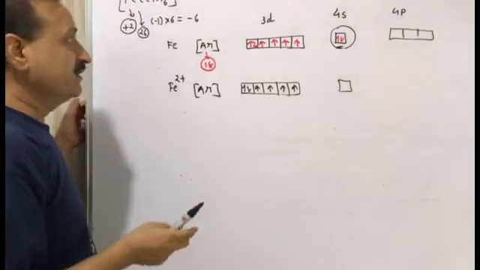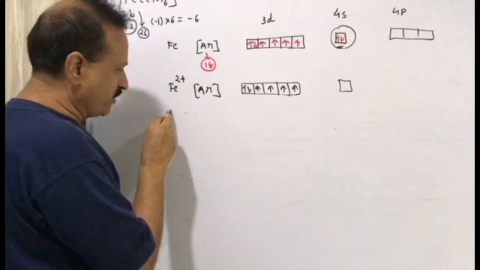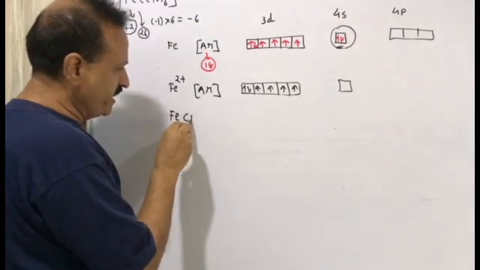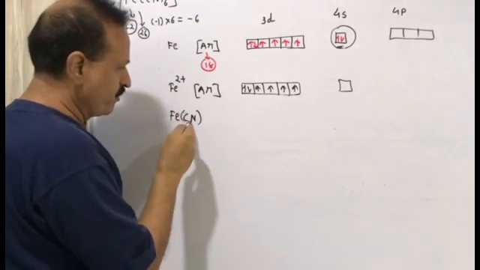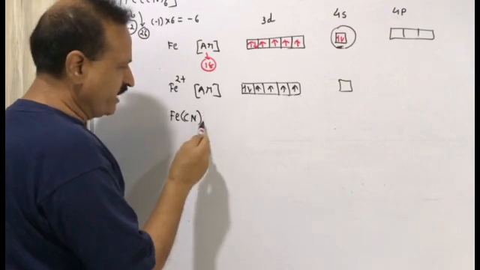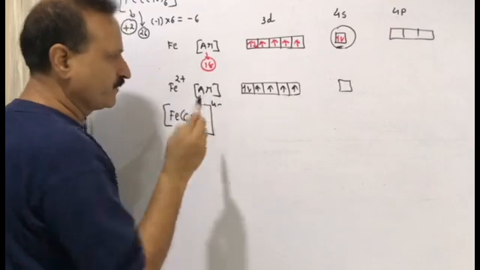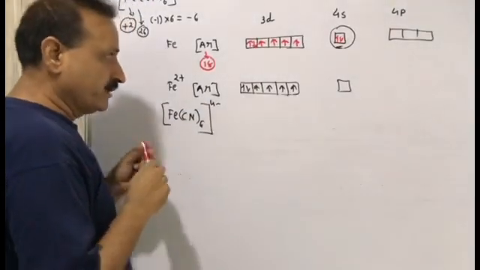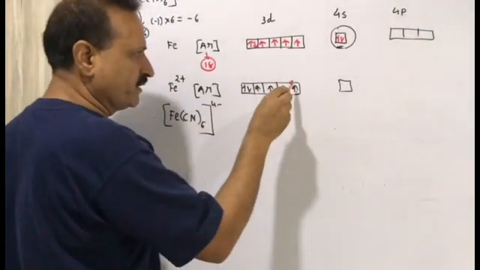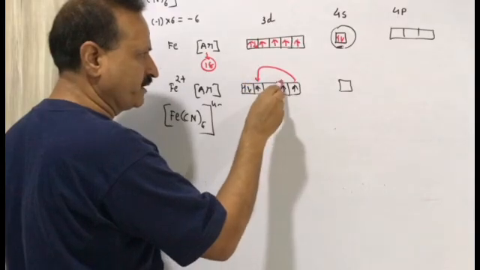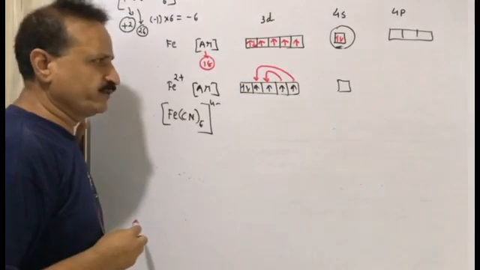Now when cyanide, a strong ligand, is attached to the ion, there will be a rearrangement of electrons. What will be done? Rearrangement of electrons will be done. This electron will transfer over here and this electron will transfer over here.